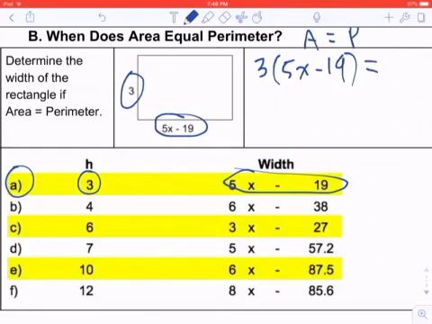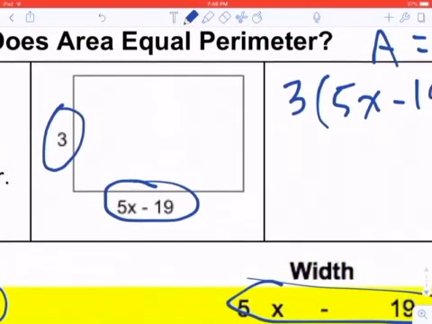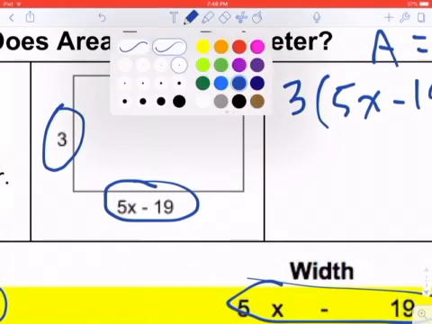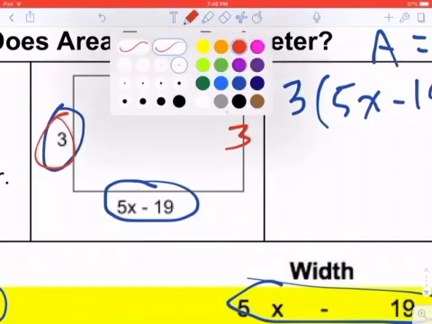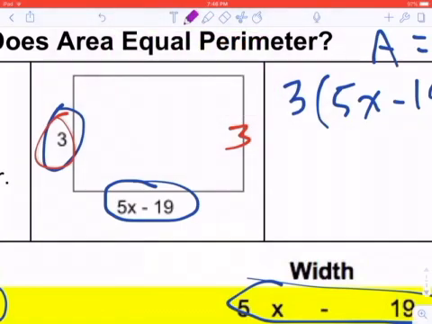Now, what is the perimeter? So I'm going to zoom in on this. Well, it's a rectangle. So if this dimension is 3, this dimension is 3. And if this dimension is 5x minus 19, this dimension is 5x minus 19.